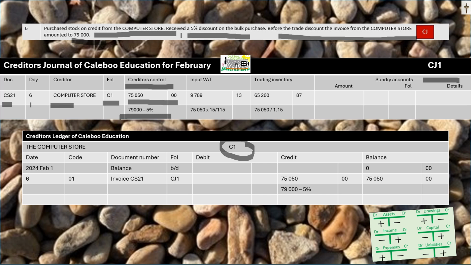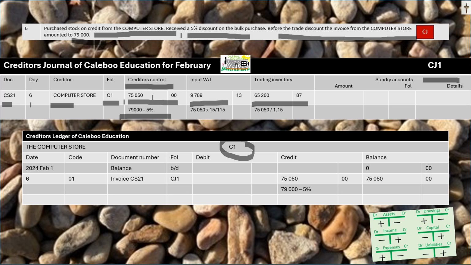And the amount after the trade discount is recorded. You can check on your calculator. It's $75,050.